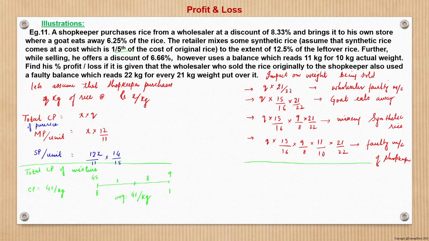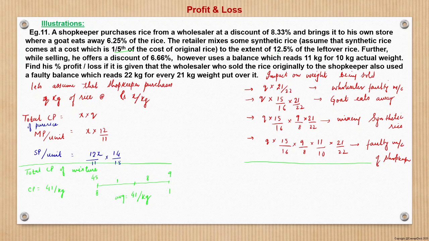This is the CP, right? However, what is the total weight which the shopkeeper had bought? He had bought X kg of the original rice, right? And then what is the synthetic rice?